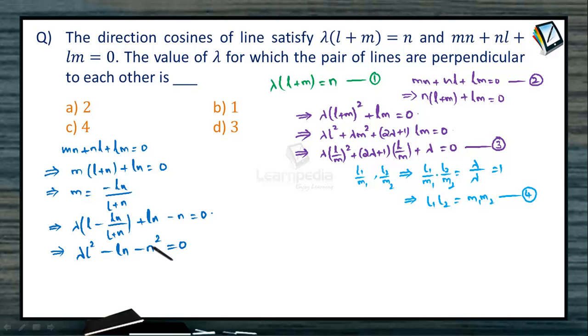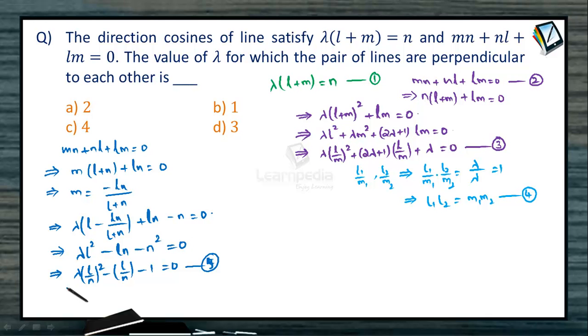We got a second degree equation in terms of l and n. What happens if we divide this equation throughout by n square? Yes, this becomes lambda times (l by n) whole square minus (l by n) minus 1 equal to 0. This equation 5 is a quadratic in l by n.